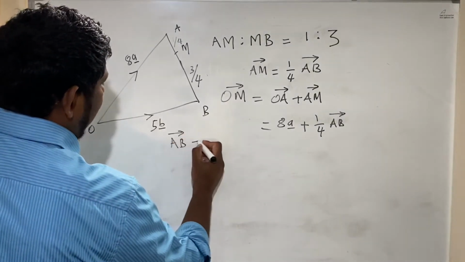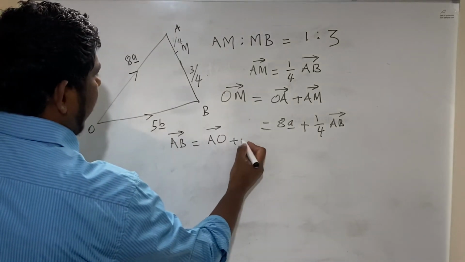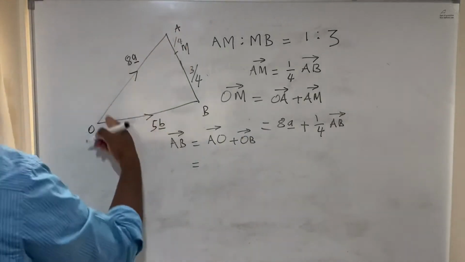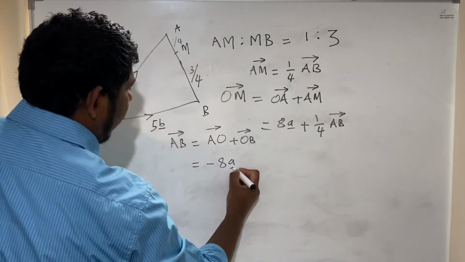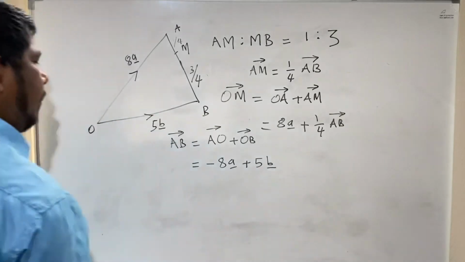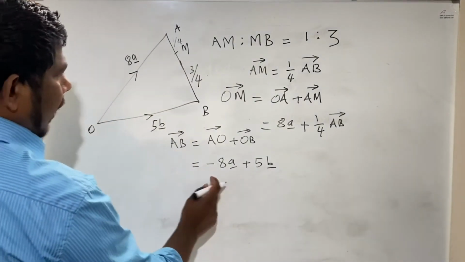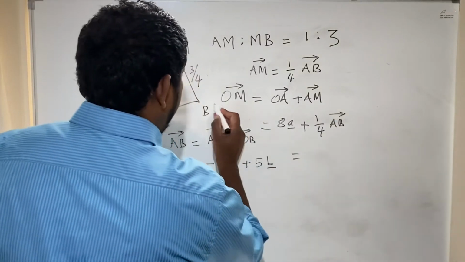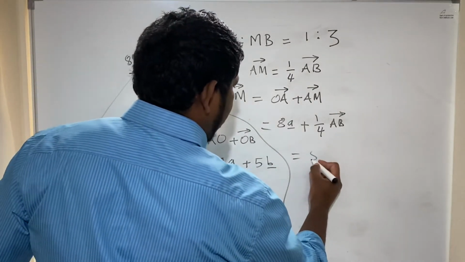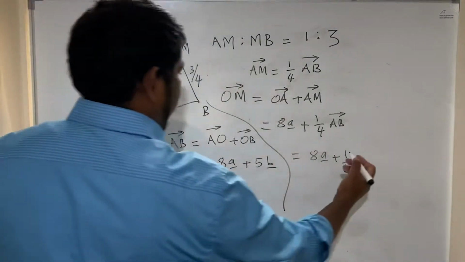So vector AB equal vector A to O plus vector O to B. So A to O is negative 8A and O to B is positive 5B. Okay, now we know what is the AB, so we can put here. Vector O to M equal 8A plus 1/4 of vector AB.